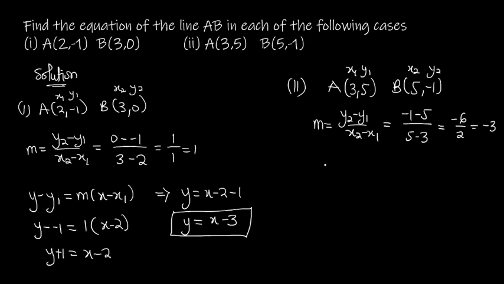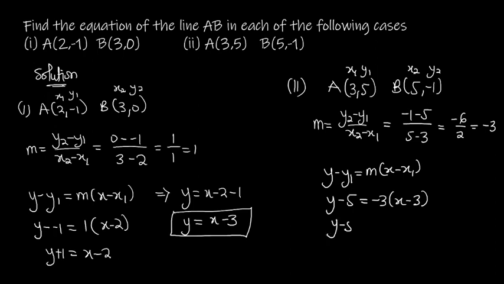Now substituting this into the expression, y minus y1 equals m into bracket x minus x1, I have y minus y1, which is 5, to be equal to -3 as the gradient, x minus x1, which is 3. So I simplify this expression to have my equation of the straight line.